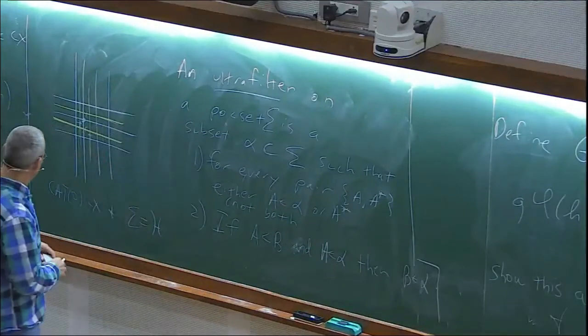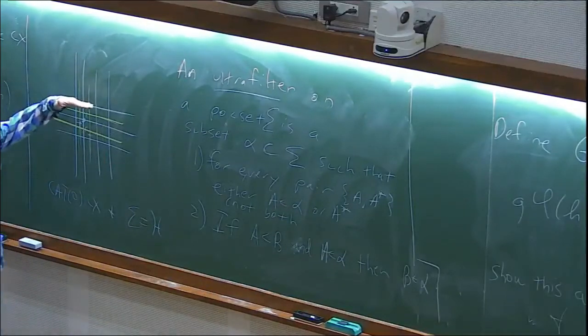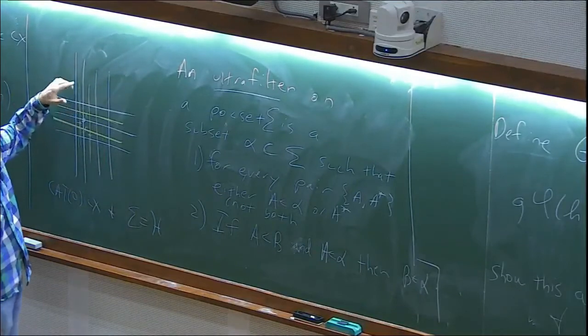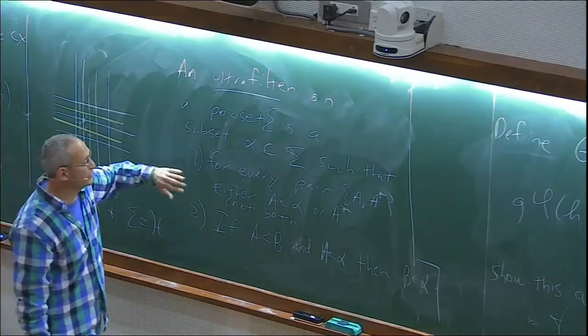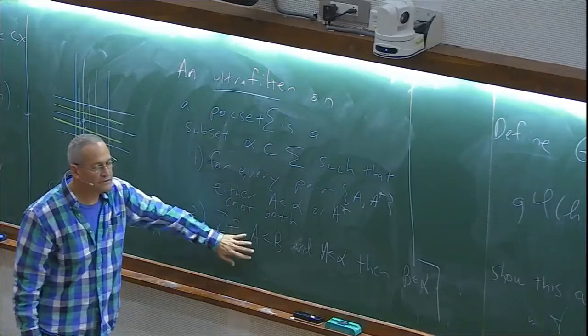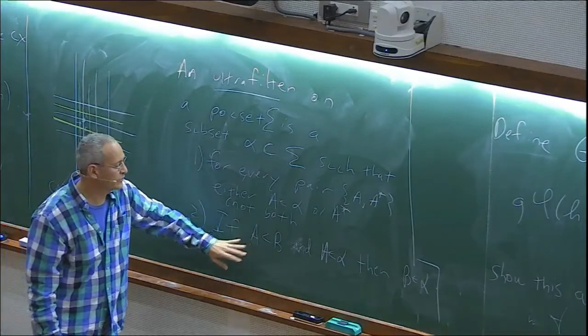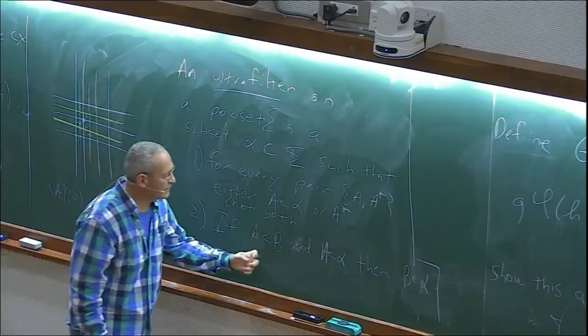Okay, so you could think about it as transversely orienting the pairs sigma, sigma star in some way. You're choosing one side or the other, and you have to do it in this consistent manner: if you made a choice for A, then you have to choose it for B.